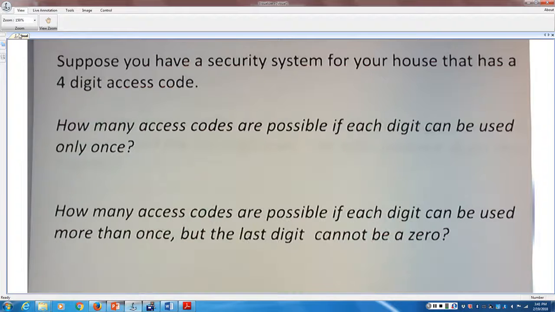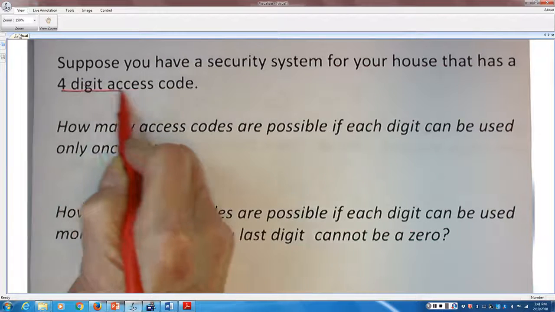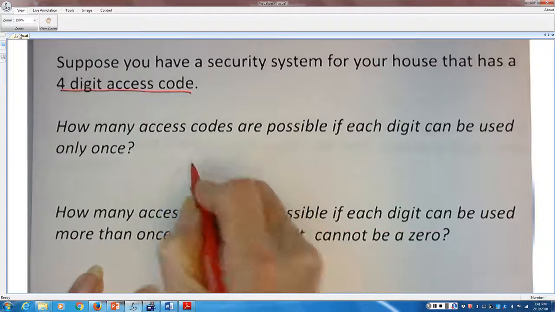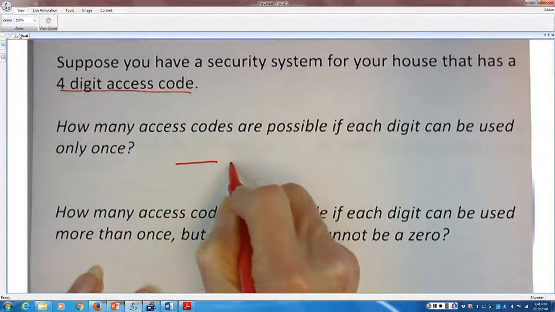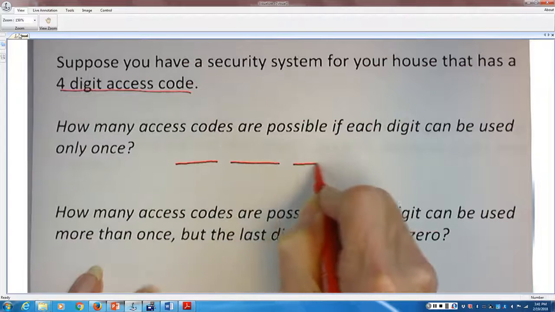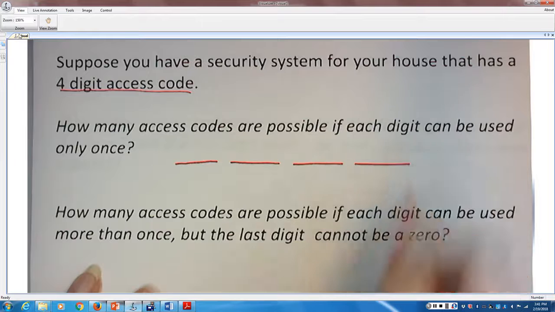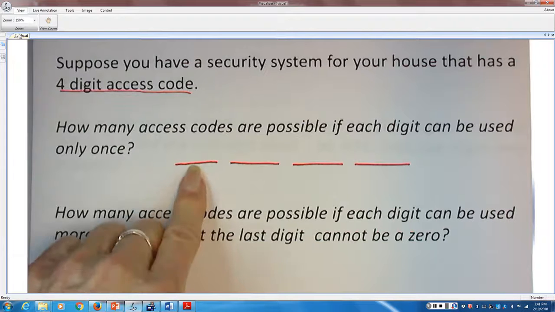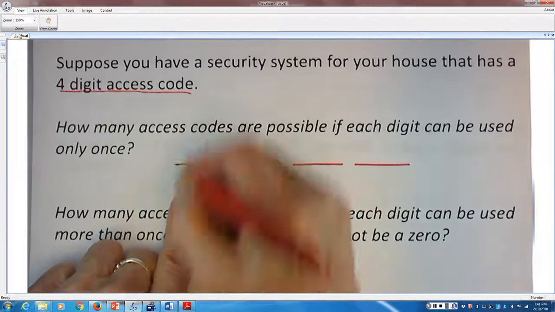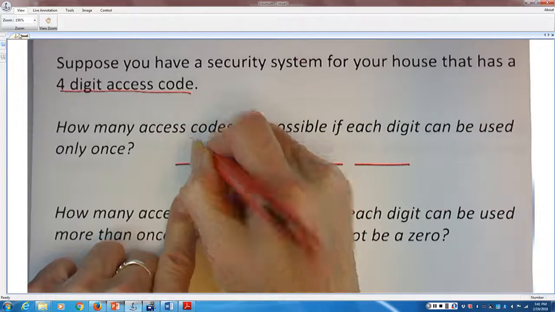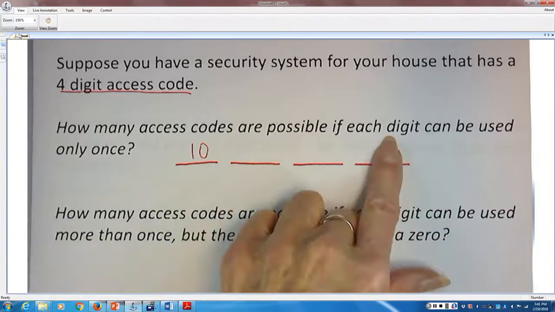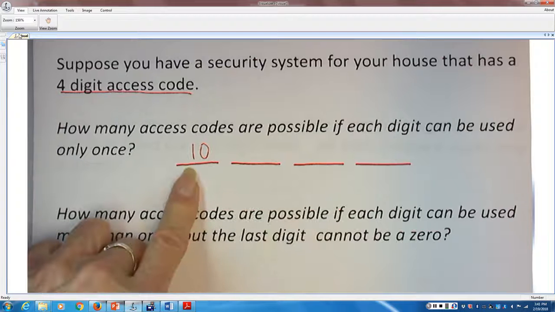So what we've got is we've got 4 choices. First number, second number, third number, fourth number. How many choices do we have for the first number? We have 10 different choices because there's 10 numbers. Now it says we can't reuse whatever we chose for the first one.